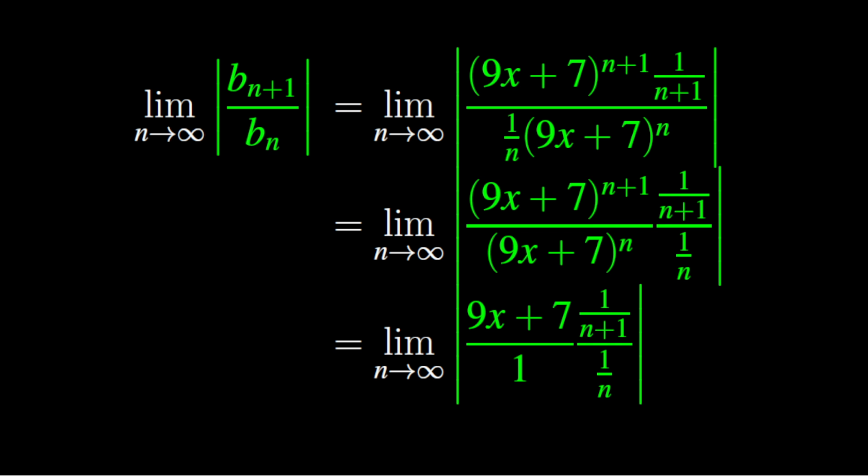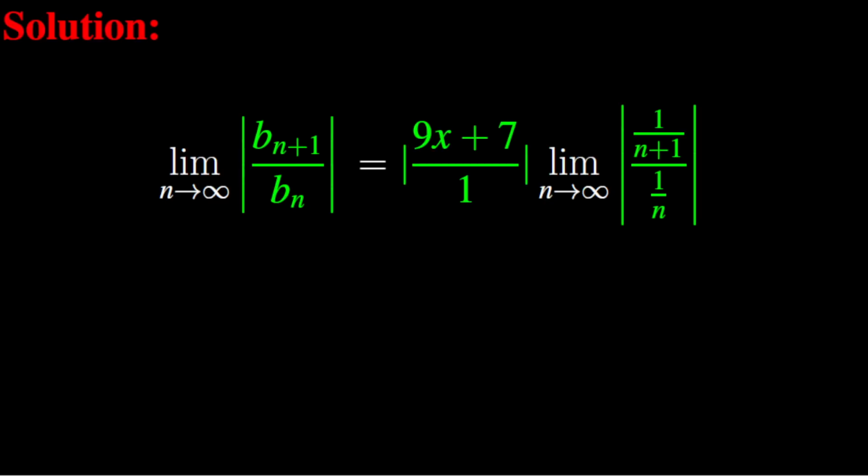This is the same as the limit as n goes to infinity of the absolute value of the fraction (9x + 7) over 1 times the fraction 1 over n plus 1 over n. We can pull the fraction (9x + 7) over 1 out of the limit expression because it does not depend on n. Thus, we only need to compute the limit as n goes to infinity of the fraction 1 over n plus 1 over n.